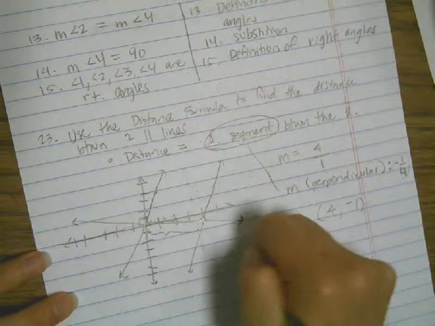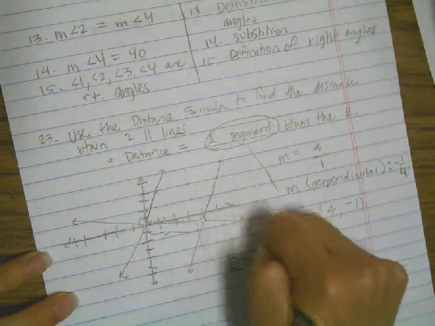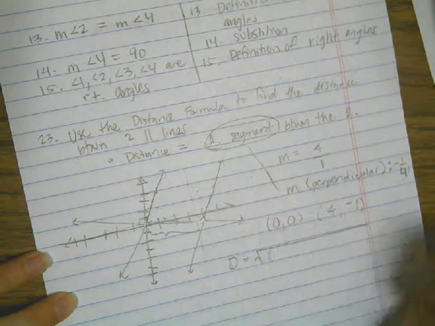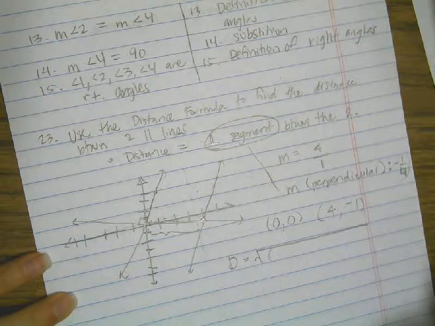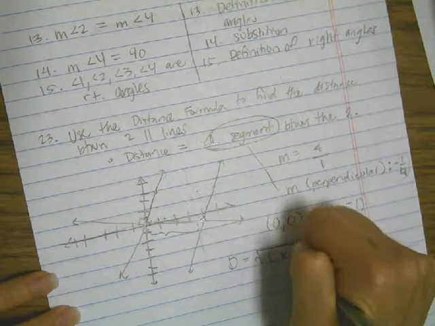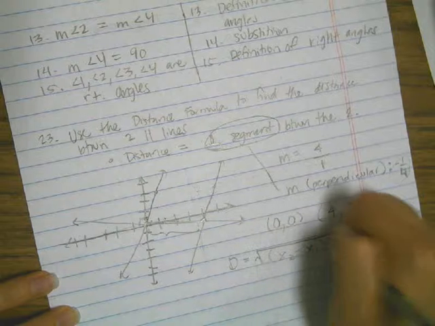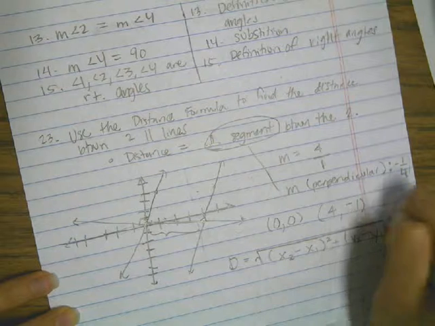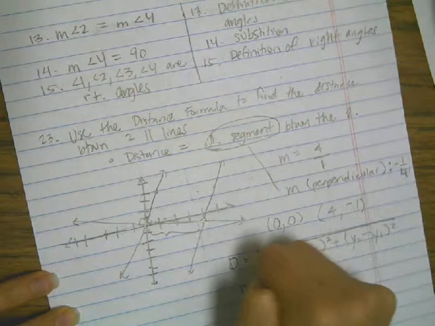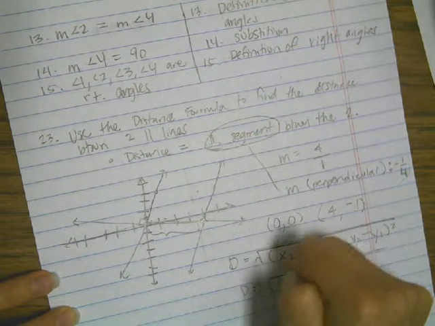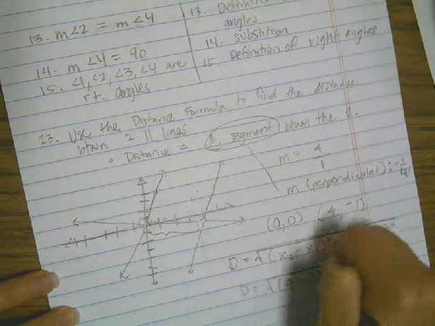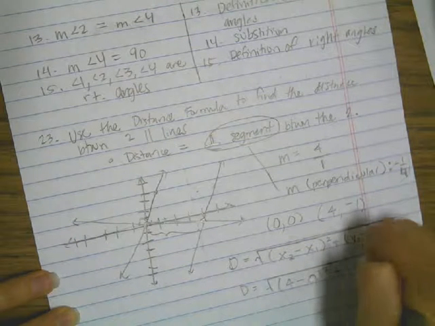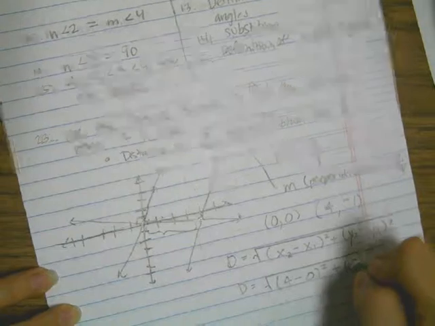Now, the distance formula, I'm going to rewrite it because I'm assuming that some people forgot it. It's the square root of x2 minus x1 squared plus y2 minus y1 squared. So I just plug in the numbers. So I can say 4 minus 0 squared plus -1 minus 0 squared.